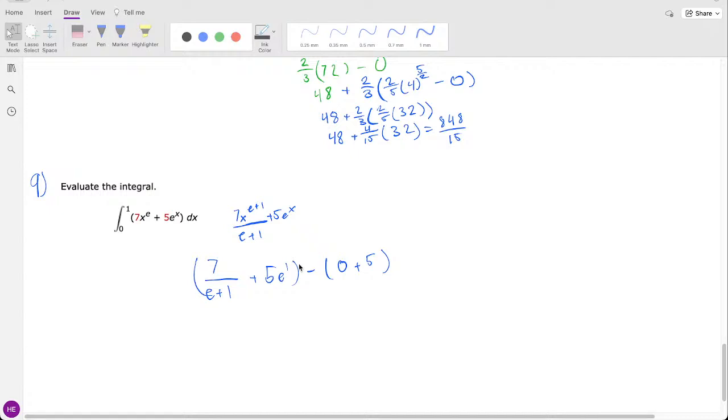Okay. Last question. It just says a graphing calculator is recommended. Sketch the region enclosed by the given curves.